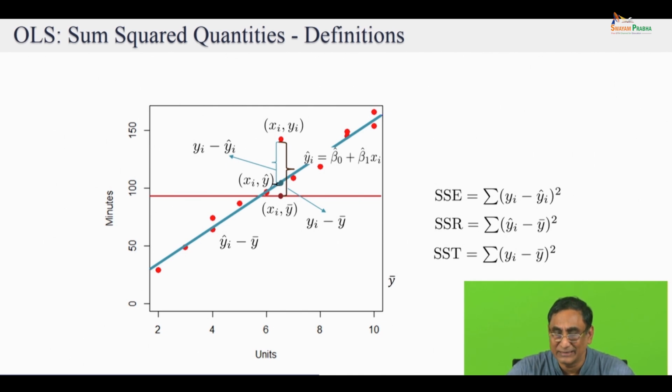All that we have not done is divide by n. If we had divided by n or n minus 1, we would have got the variance of y, but this represents the sum squared errors in yi when we ignore the slope parameter. That is another way of looking at it.